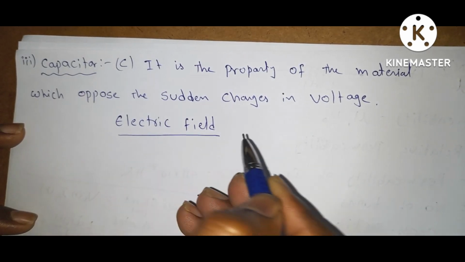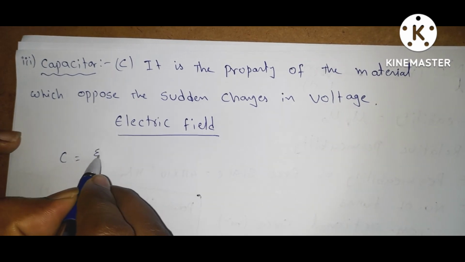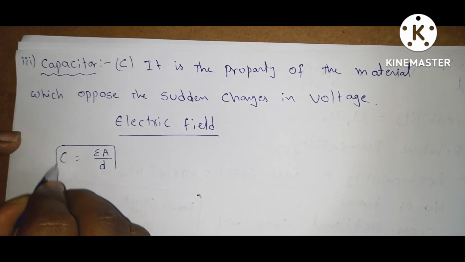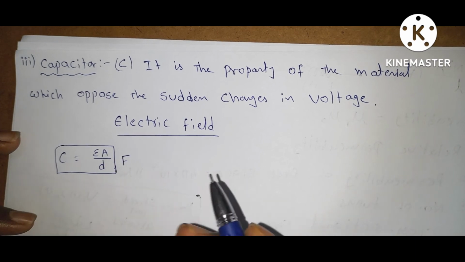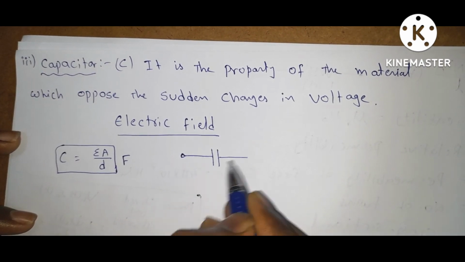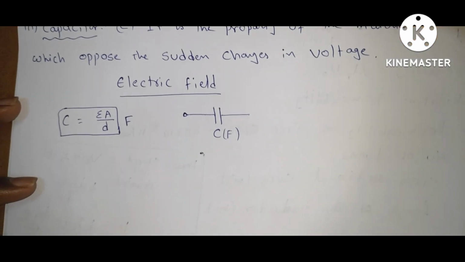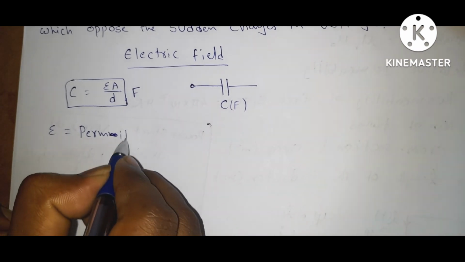The formula for the capacitance is epsilon A by D. So units are farads and the symbol of the capacitor is like this, C farads, where epsilon is permittivity.